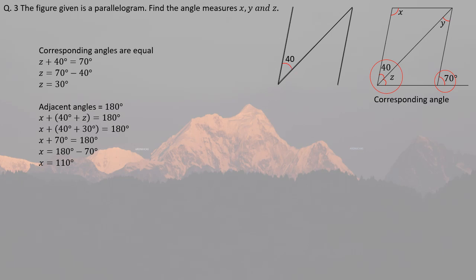Whenever we have such a figure where we have 40 here and y here, this 40 and y are called alternate interior angles, and whenever there are two parallel lines, these angles are equal to one another. So alternate interior angles are equal. Therefore, y equals 40 degrees. Therefore, we found the values of x, y, and z.